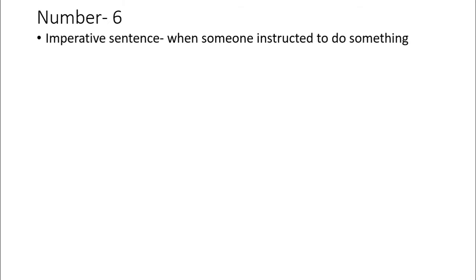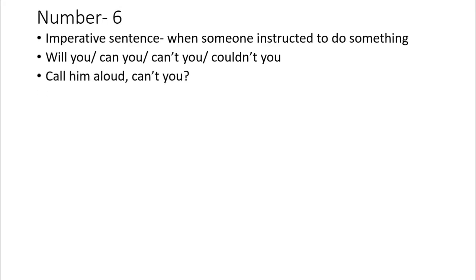In number 6, if we have an imperative sentence as our given sentence, and someone is instructed to do something, then we use auxiliary verbs like will you, can you, can't you, couldn't you. I'm making you a little bit clearer. If a person cannot avoid doing something, and he is instructed to do it, that means he has to do it and he must do it, then in this case we use will you, can you, can't you, or couldn't you.